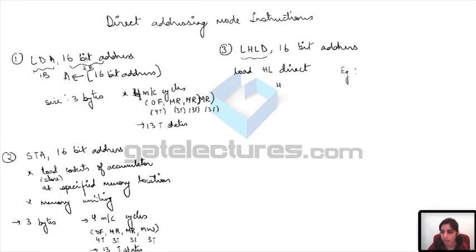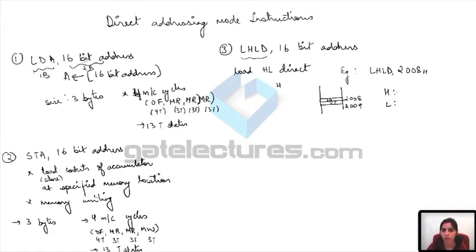Suppose we take an example: LHLD 2008. You are going to go to that memory location. Suppose this is memory location 2008, this is 2009, and they hold some data: 1A and 2C.